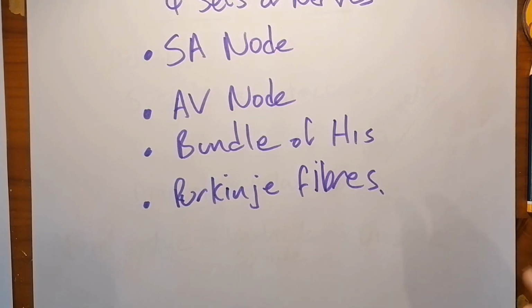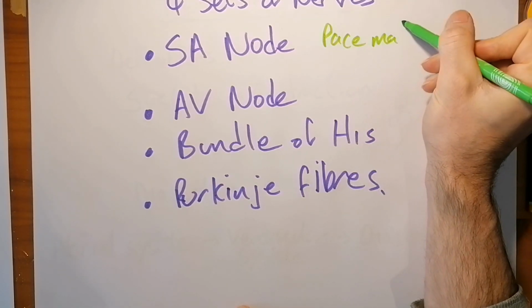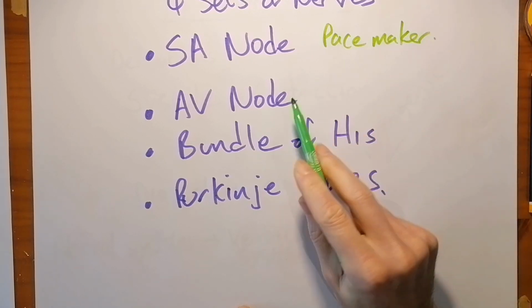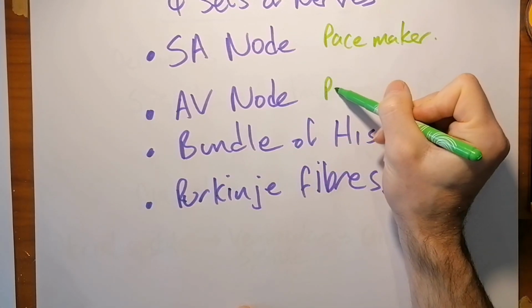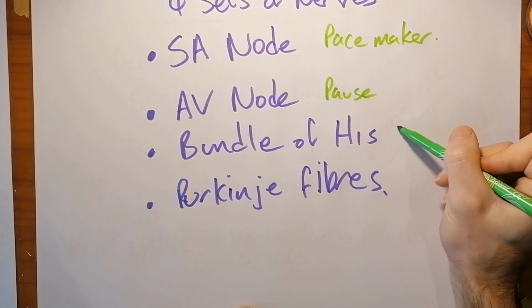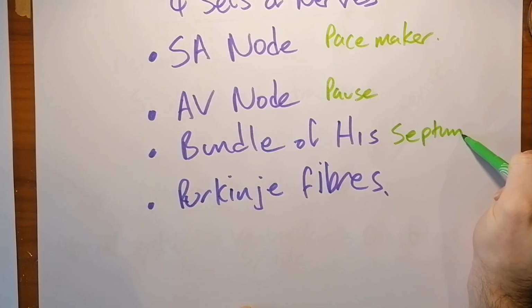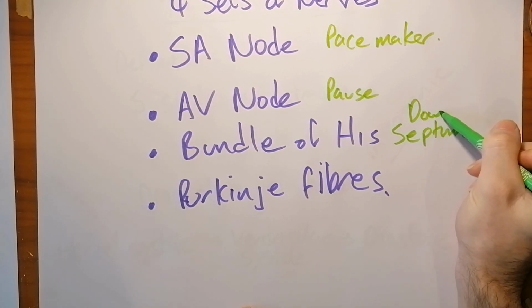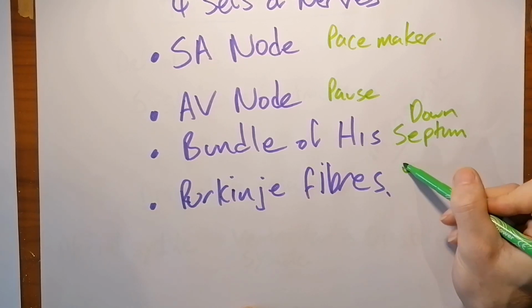The SA node is like the pacemaker of the heart. The AV node allows for a short pause and coordinates heart contraction. The bundle of His goes down the septum. Actually, it's important to say that it goes down the septum, and the Purkinje fibers run up the walls of the ventricles.